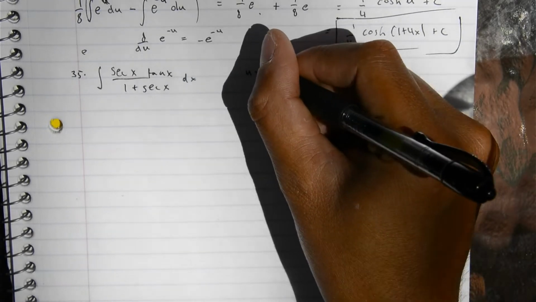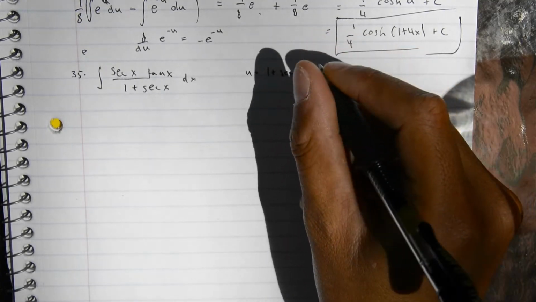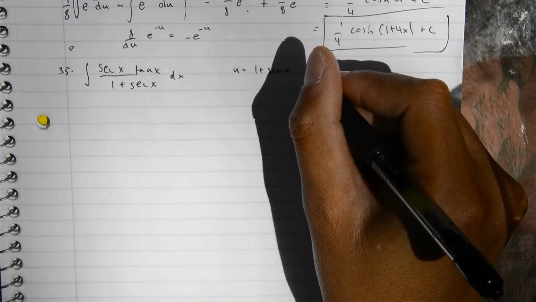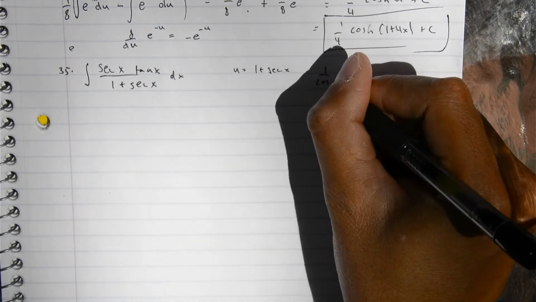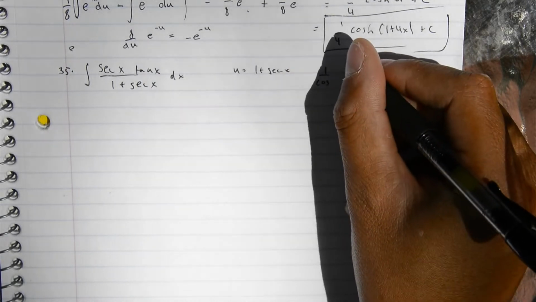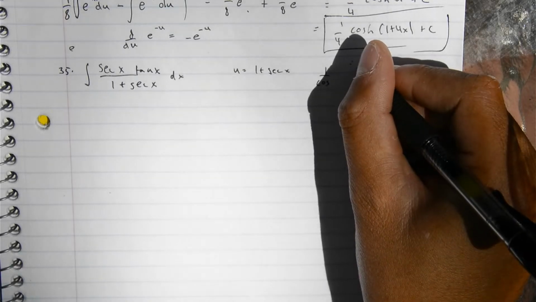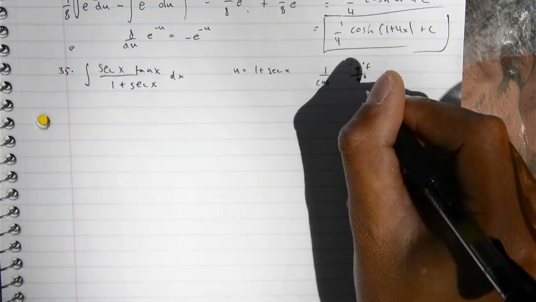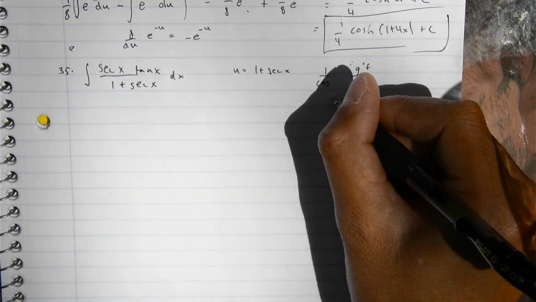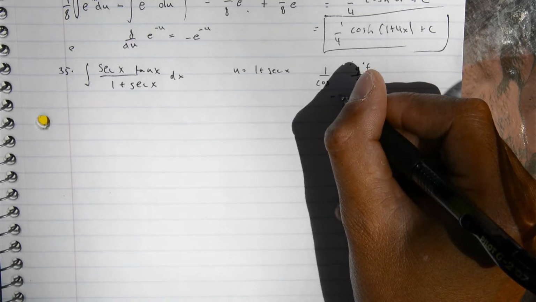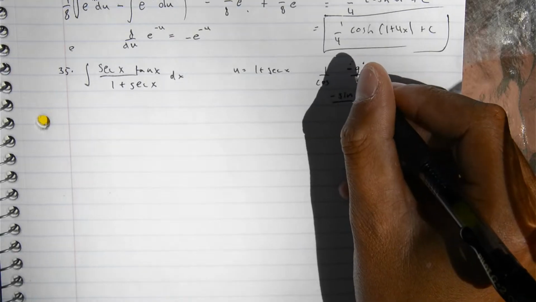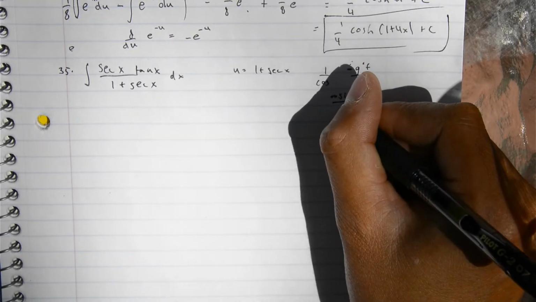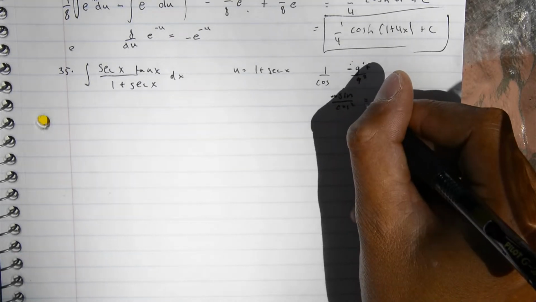Okay, I'm pretty sure what we're going to do is let u equal 1 plus sec x, because if we have 1 over cos, we're going to get g prime f over g squared, which is going to be minus sine. Well, and this is a minus, so this is going to be sine over cos squared.